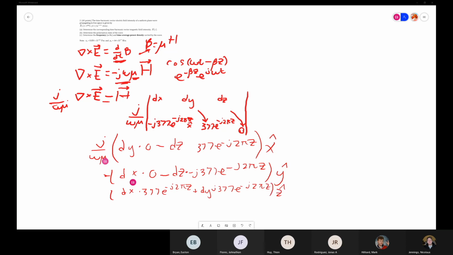That's your z hat, and you can see it just cancels out because the derivative with respect to x of this is 0 and the derivative with respect to y of that is 0. So you only have the x and y components.